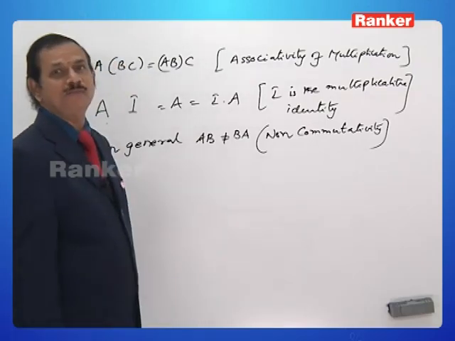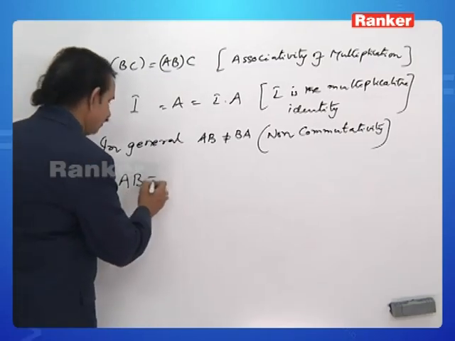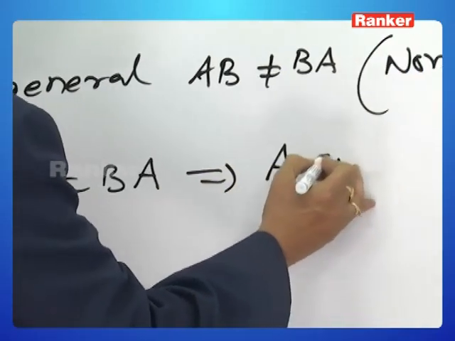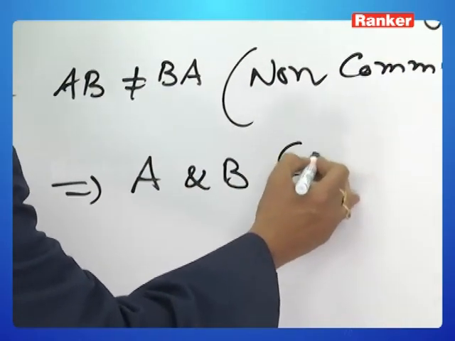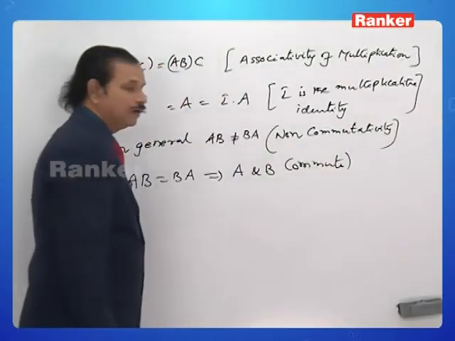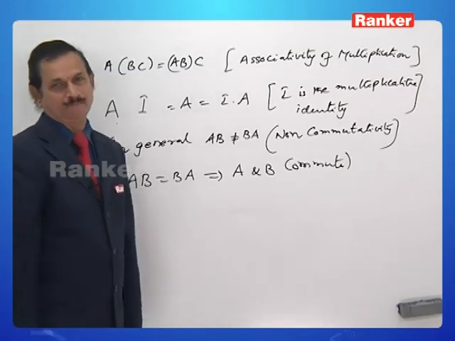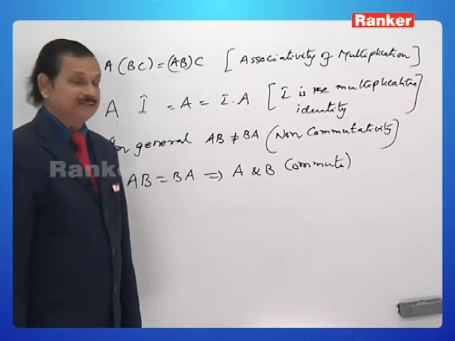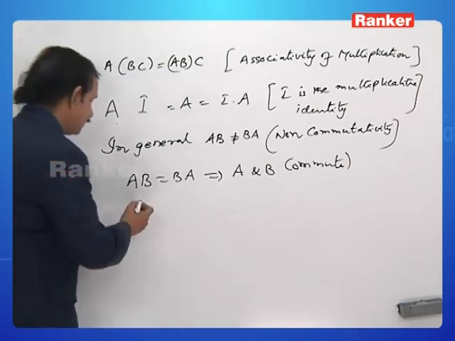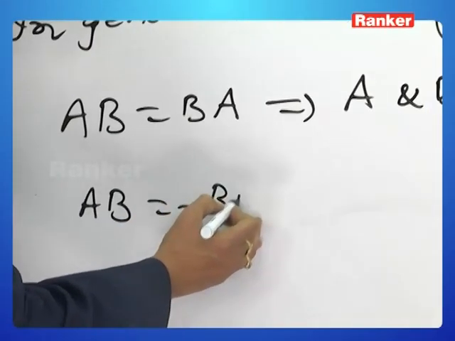Suppose AB is equal to BA, then what happens? AB is equal to BA implies A and B commute. Those two are commuting. That's all. Well, there is a special case. AB is not equal to BA, but AB is equal to minus BA.